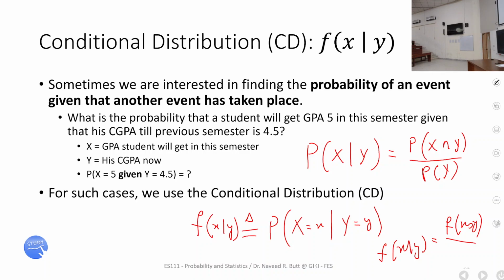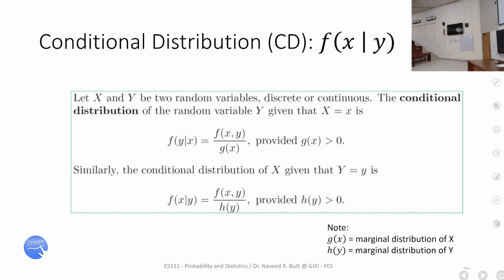Since we are already using f, what did we call this when you derive it from there? Marginal. So it was h y. We can see that now in the next slide. This is what's going to happen. Probability, this was what I was writing, f x given y is f x y divided by h y. Probability of y alone.